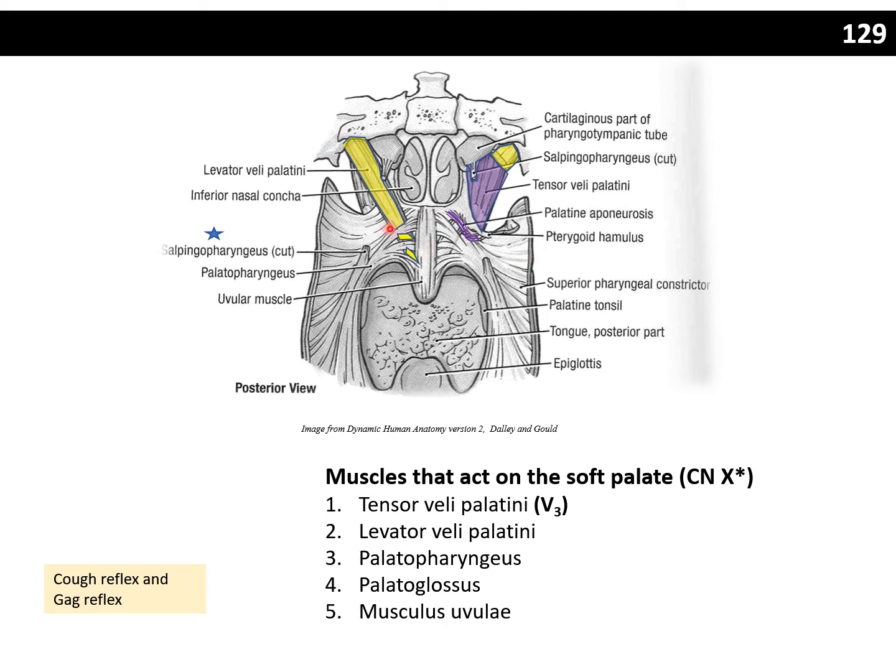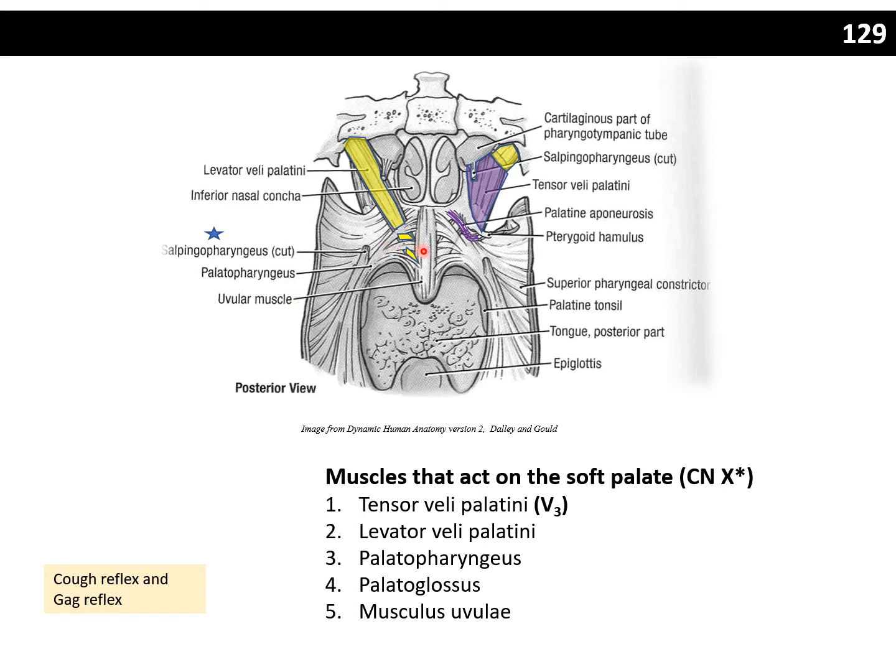And so here is the tensor veli palatini in purple and the levator veli palatini shown more posteriorly in yellow. This is a posterior to anterior view again, where you can visualize the choana or the posterior aperture of the nasal cavity, where you can appreciate these concha on the lateral nasal wall and the nasal septum.